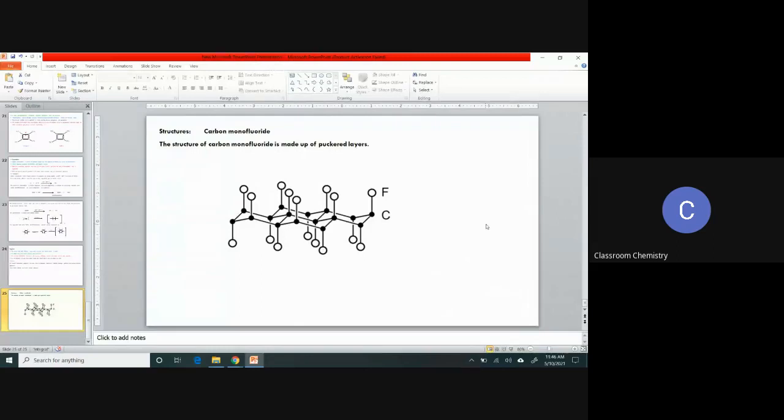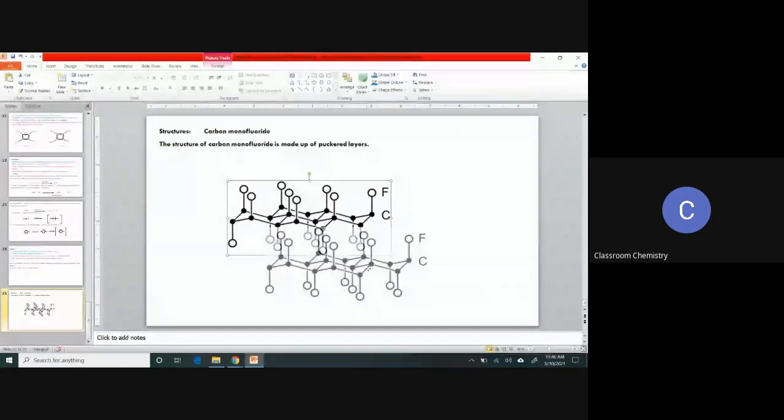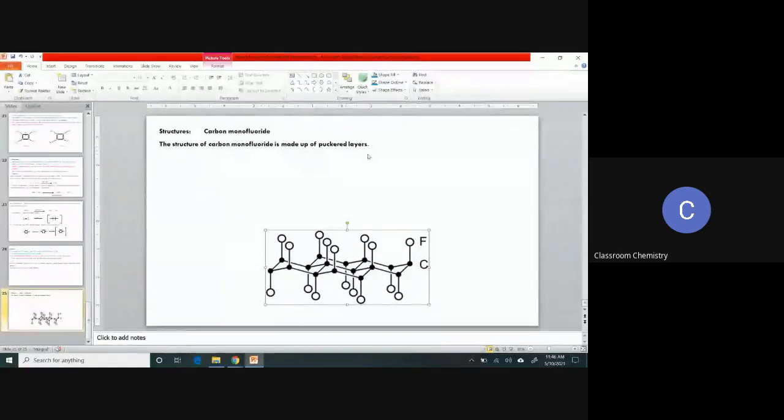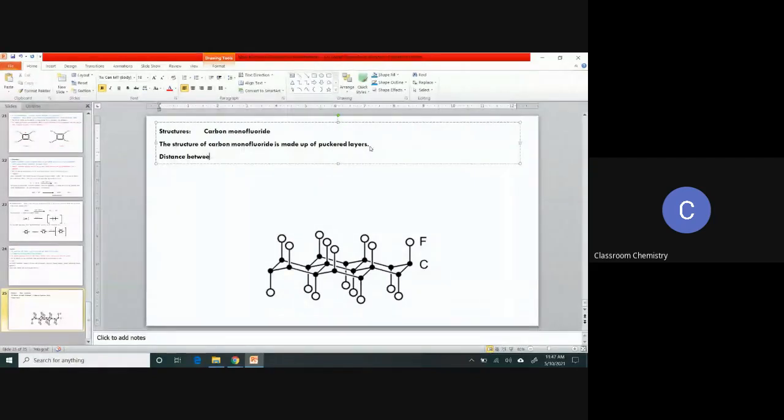Okay. So we want to see some points regarding that structure. The first point is what? The distance between interlayers. Inter means what? In between these two layers.